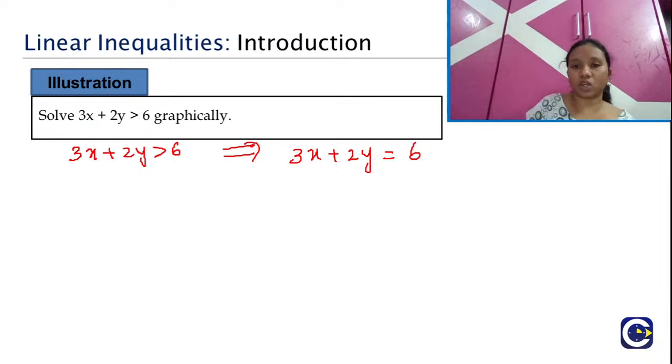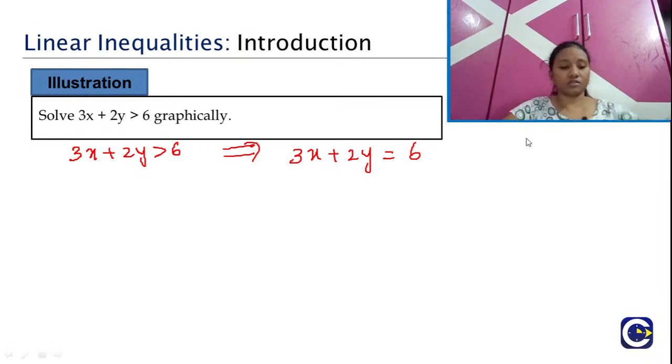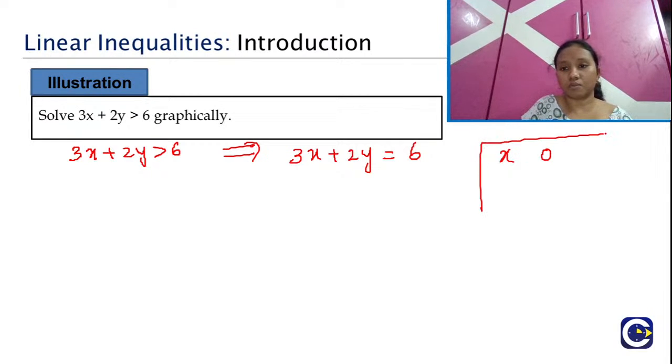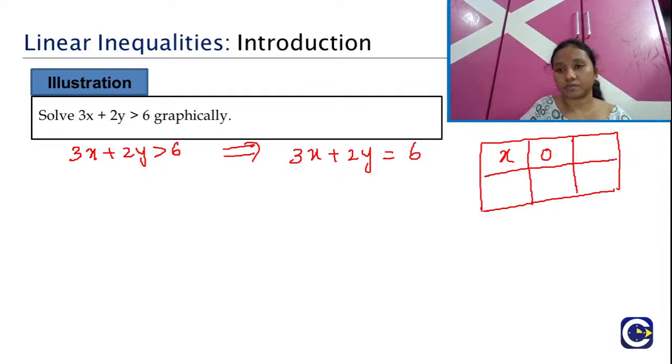So what can be my coordinates here? If I substitute my x value as 0, I'm only trying to find two values. If x is 0, then what will be my y?